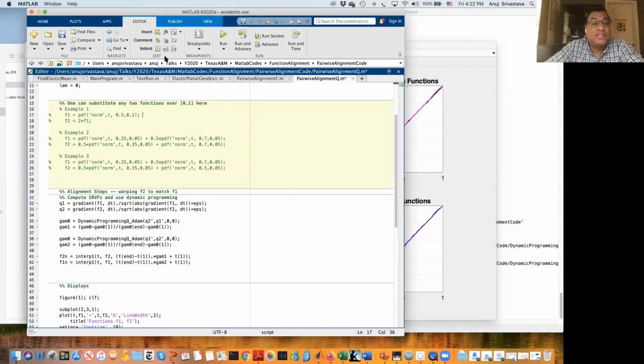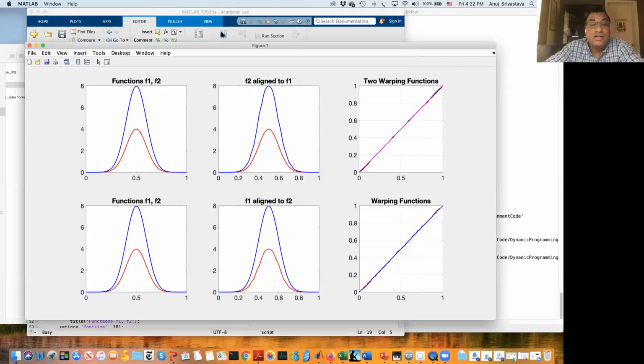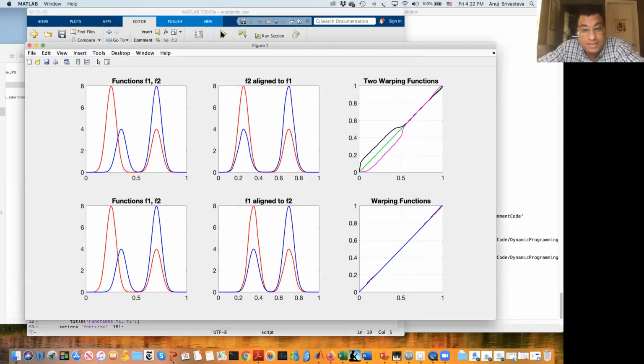Now let me take another pair of functions F1 and F2 and run them. On the top left, I show you the two functions: F1 is in red, F2 is in blue, and I'm time warping F2 to align with F1. The top middle panel shows the time warping of the blue to align with the red. Blue has been time warped, and you can see the peaks have been perfectly aligned.